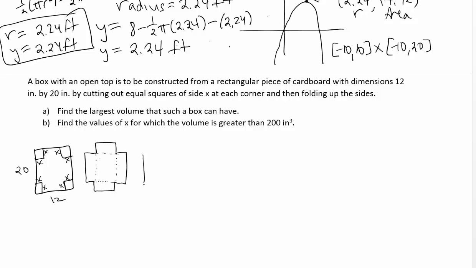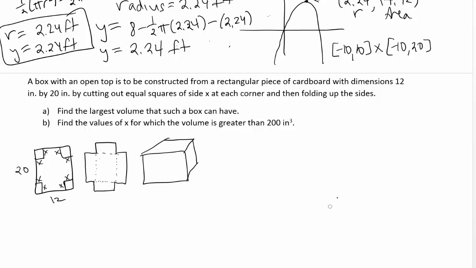And if I fold them up, I'm going to end up with a box that doesn't have a top that looks like this. Okay? So what we want to do is figure out what this x should be so that we can have the box that has the largest volume possible.